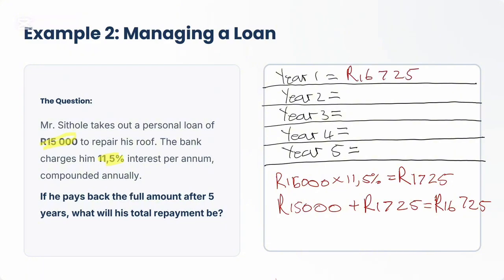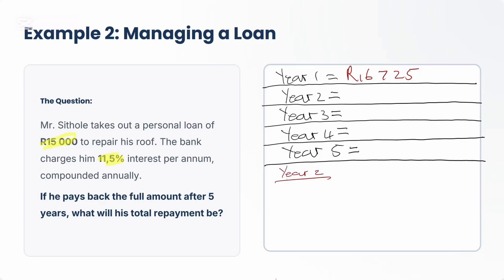Then we're going to do year 2 now. We take the amount that we accumulated from year 1, 16,725, multiplied by 11.5%, which should give us 1,923.375.